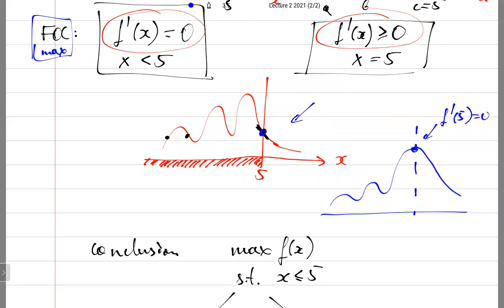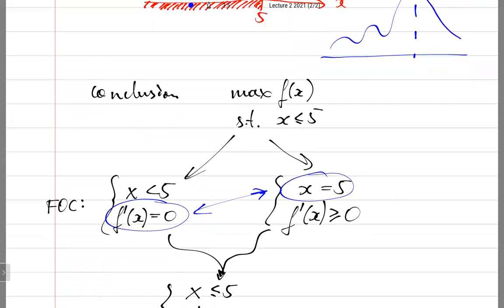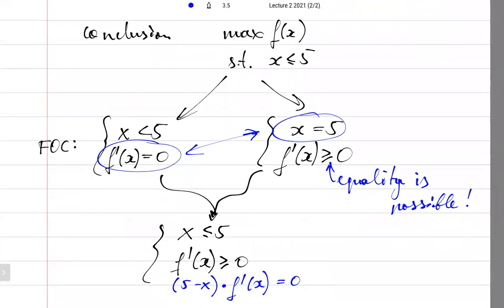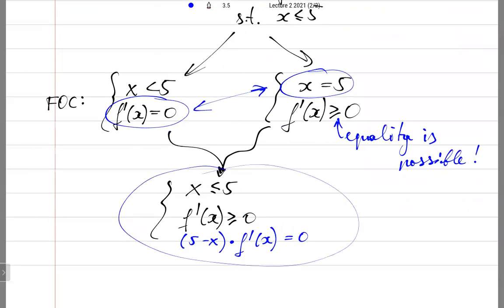And this case is allowed. Equality is possible. Yeah, you're right, that's possible. Okay, so we have written one system that takes care of both cases.